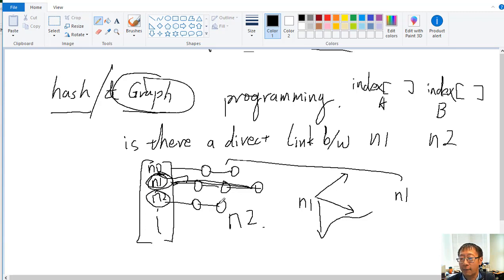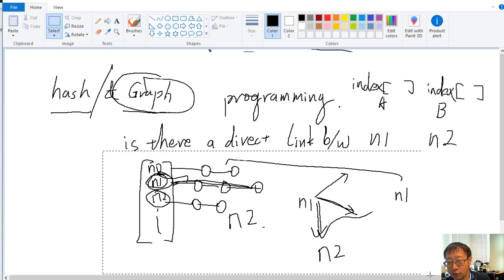It's undirected edges. They should always have the mirror, okay? On the contrary, if it's a directed graph, you don't have the luxury. If the question is asking, hey, can we go from N1 to N2 directly? Then you need to go through N1 and see the neighbor list of N1 and see whether or not there is a pointing out edge going to N2. Okay, so this is one question.